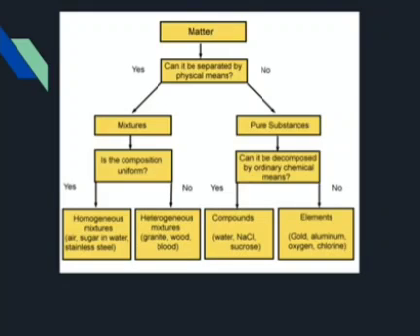Example: air, sugar in water, stainless steel, gold, etc. In the mixture, if the composition is not uniform, then those are called heterogeneous mixtures.